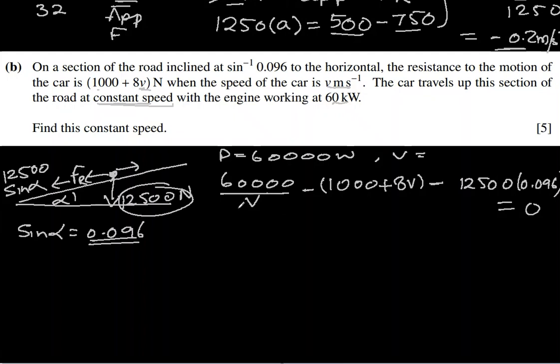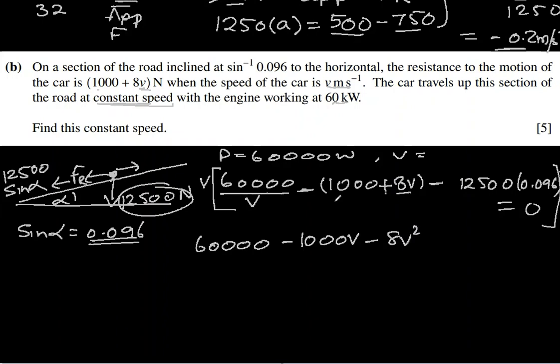Alright, v is a denominator here. Let's get rid of this v by multiplying the whole equation by v. So when v multiplies with this one, the v gets cancelled out. We are left with 60,000. Minus, since v multiplies with both terms, it becomes minus 1000v minus 8v squared.